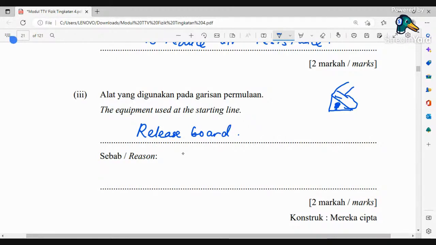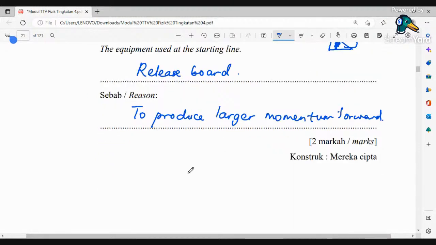Okay, release port maksudnya untuk produce larger. Okay.